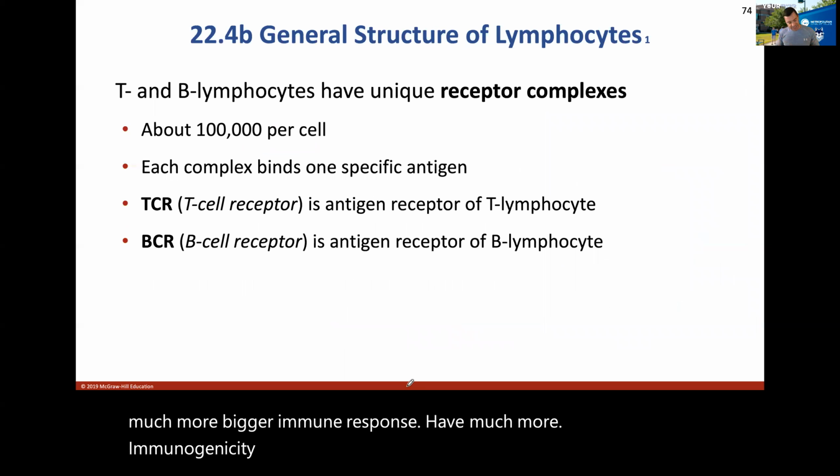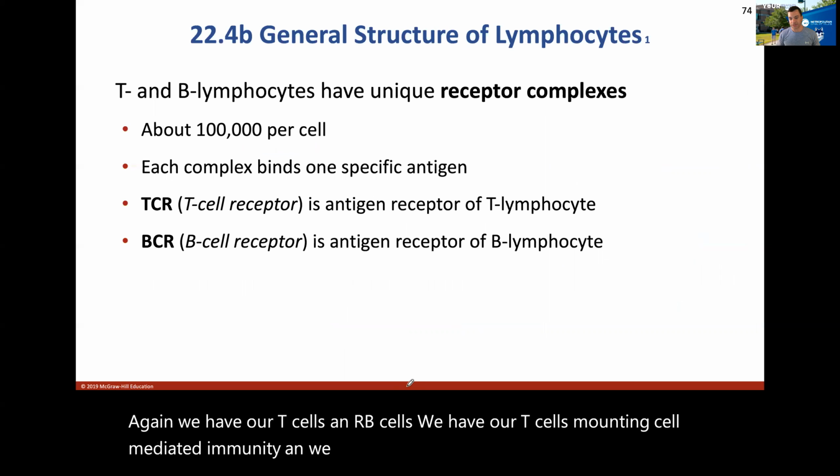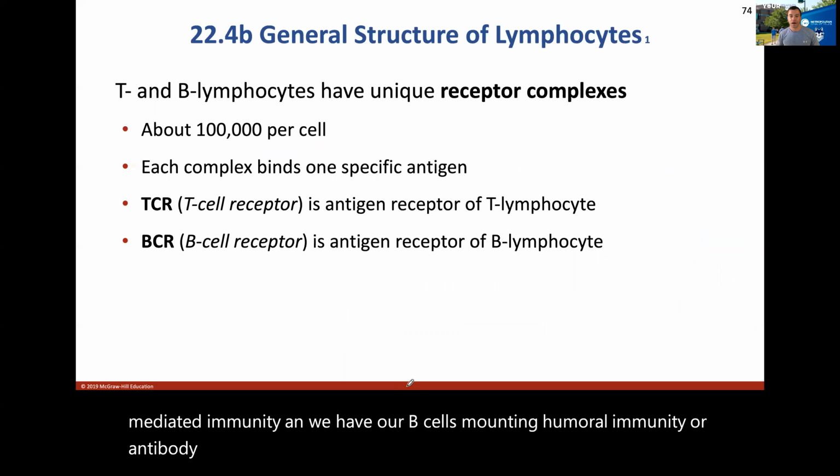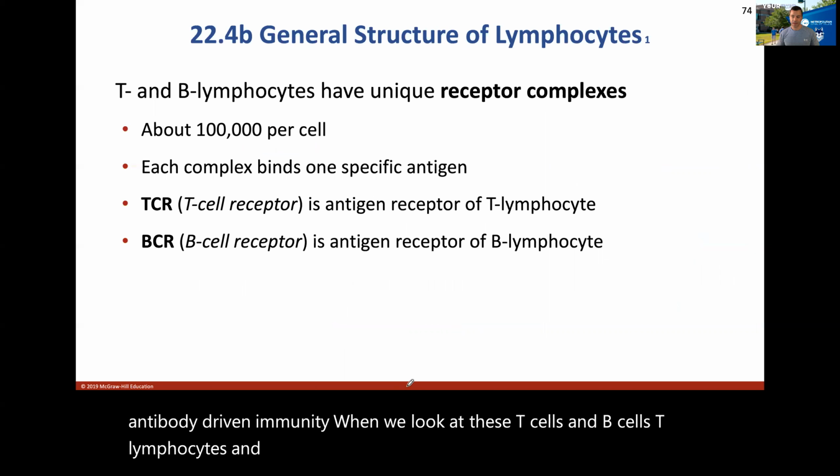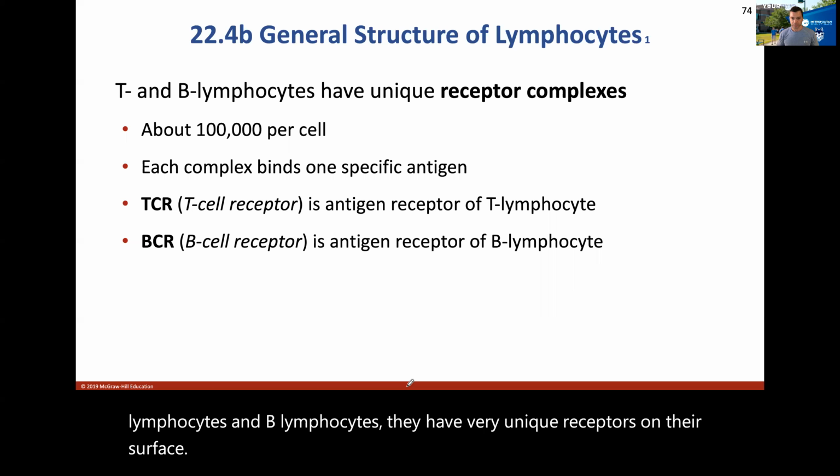Again, we have our T cells and our B cells. We have our T cells mounting cell-mediated immunity, and we have our B cells mounting humoral immunity, or antibody-driven immunity. When we look at these T lymphocytes and B lymphocytes, they have very unique receptors on their surface, very complex.